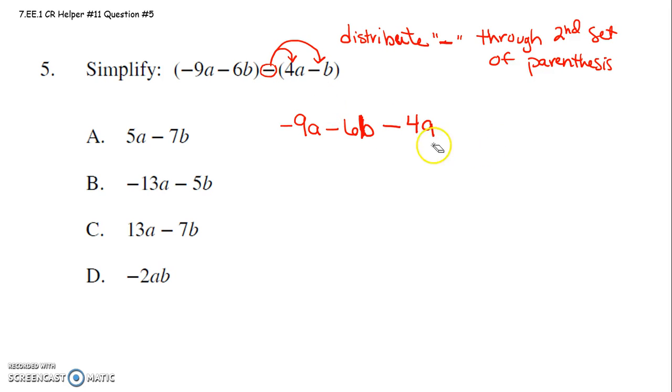Then I have to do minus a negative b. So if it's minus a negative b, what does minus a negative become? Minus a negative becomes a plus. So minus a negative b becomes plus b.